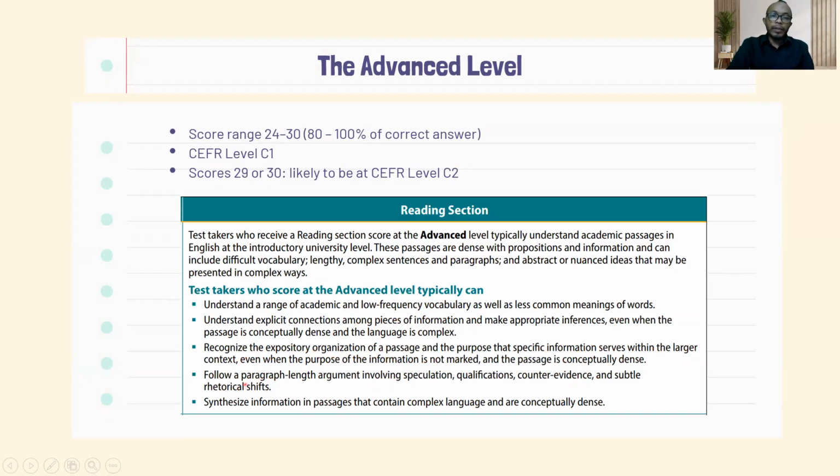It also means that you can follow a paragraph-length argument, which involves speculation, qualifications, counter evidence, and so on. You can synthesize information in passages. So it's showing that the proficiency is high, and you should be proud of yourself if you can get into this level.